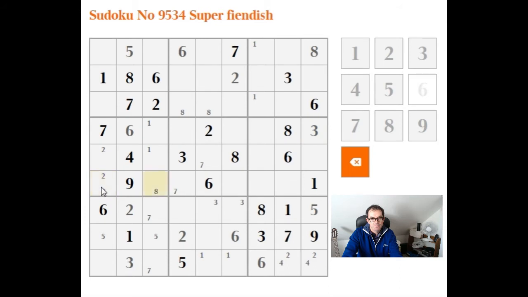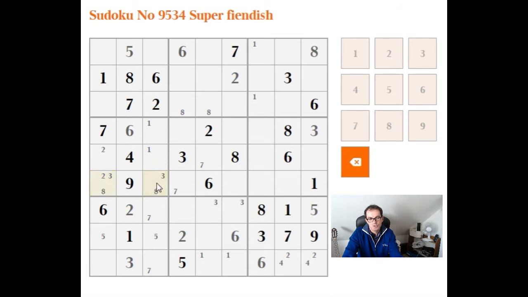So now we can see an advantage of the Thomas Snyder notation. We've just seen a disadvantage of it, which made it hard to spot this naked 3. Now we're going to see an advantage of it. We have to put a 3 into these two cells here, like this. And we can immediately see, I think, that we now have a 3 and an 8 here, and a 2 in this cell.